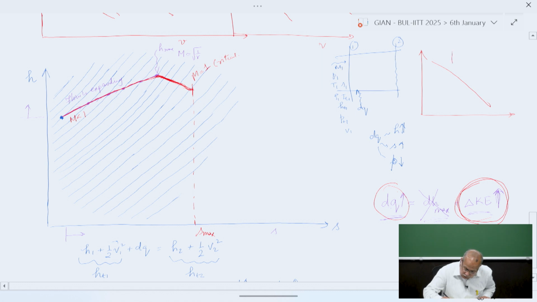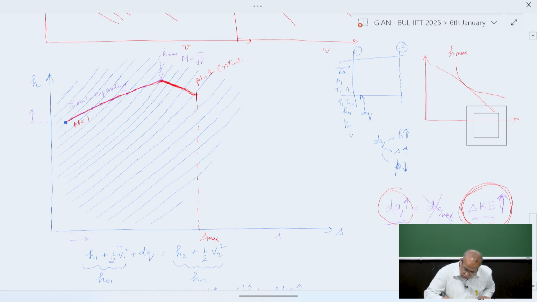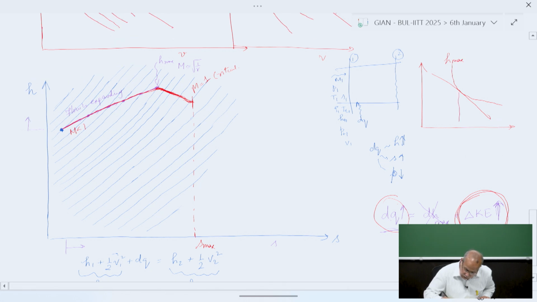line, there are two well-defined points. One is H max, the other one is S max.